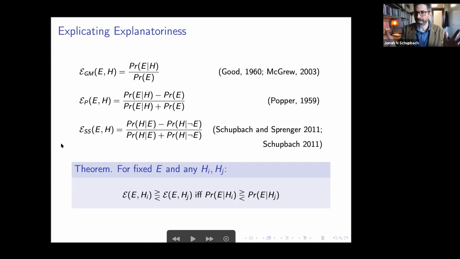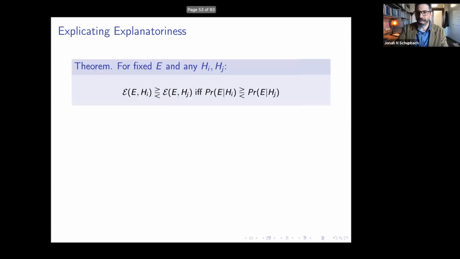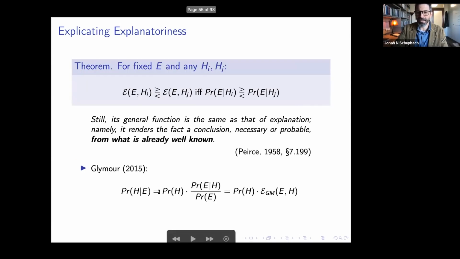That's a formal explication in the inductive logic of probability theory of explanatoriness. And then we have this idea instead that in that same precise, exact formal system, the system of probability theory, explanatoriness should be explicated not just as differences in likelihood, but differences in likelihood combined with differences in prior plausibility or prior probabilities.